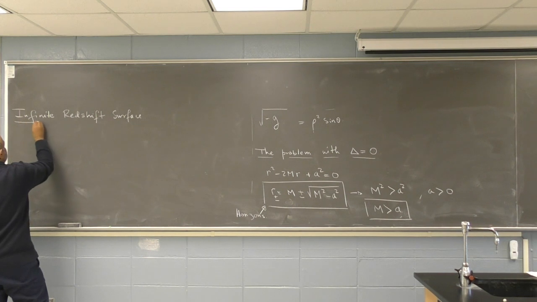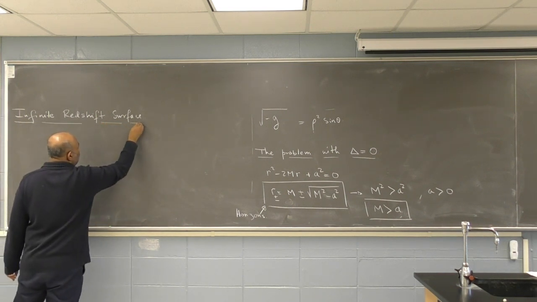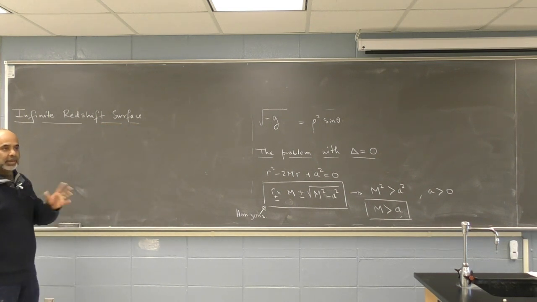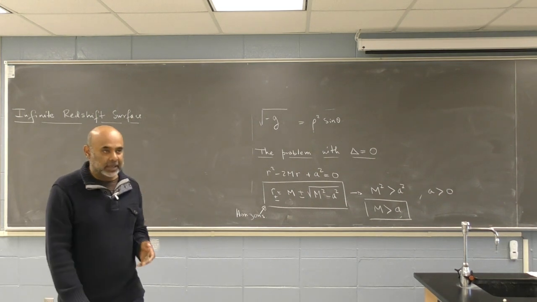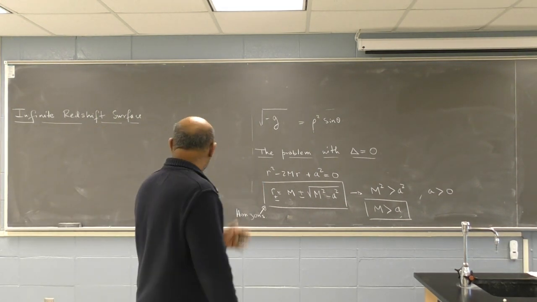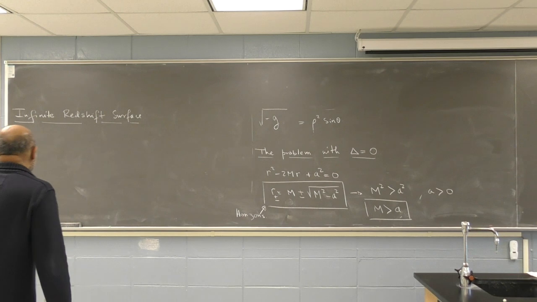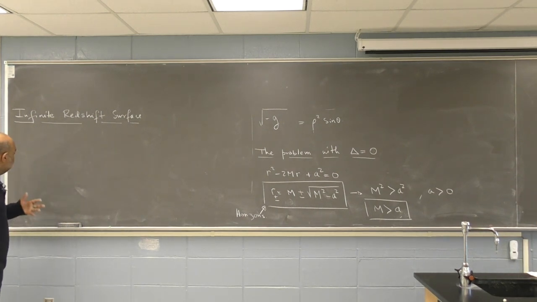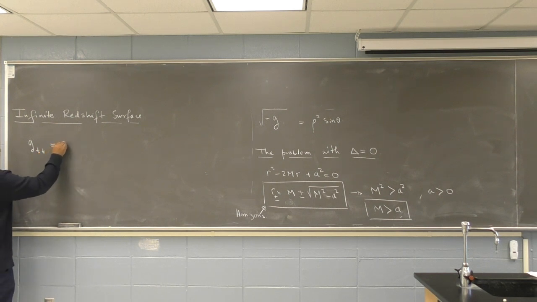By calling it horizon and infinite redshift surface, we're already labeling them in a way that suggests something. Indeed, we have to show that our suggestions are correct. And we'll have to work a little hard for that. So this is located by the condition that g_tt is 0.